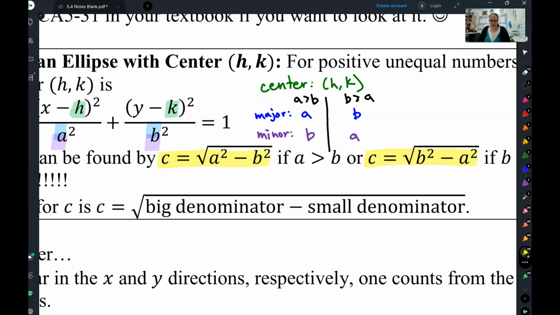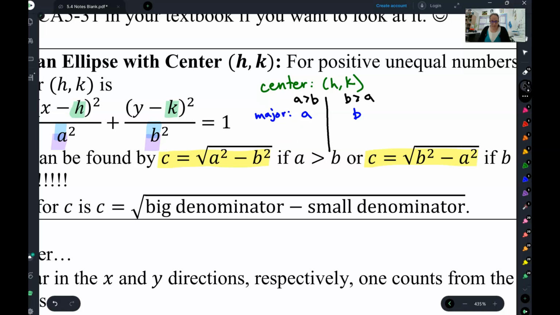So what I'm actually going to do is make a little more space here. I'm going to do minor, B, A, I'm going to do the foci. So if A is greater than B, it's A squared minus B squared. If B is bigger, then it's B squared minus A squared.